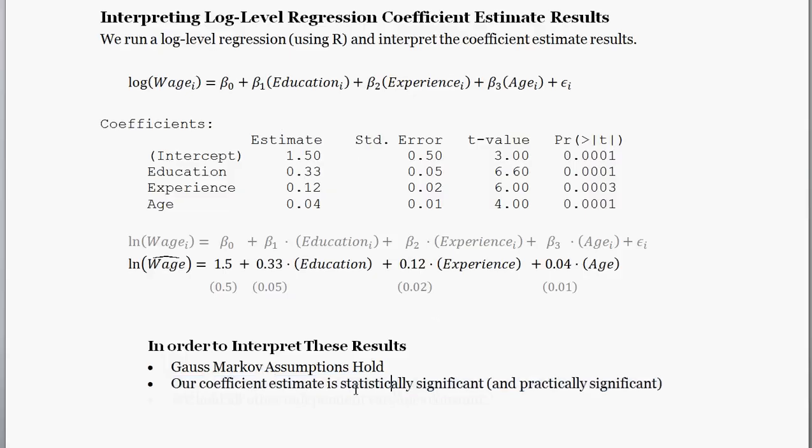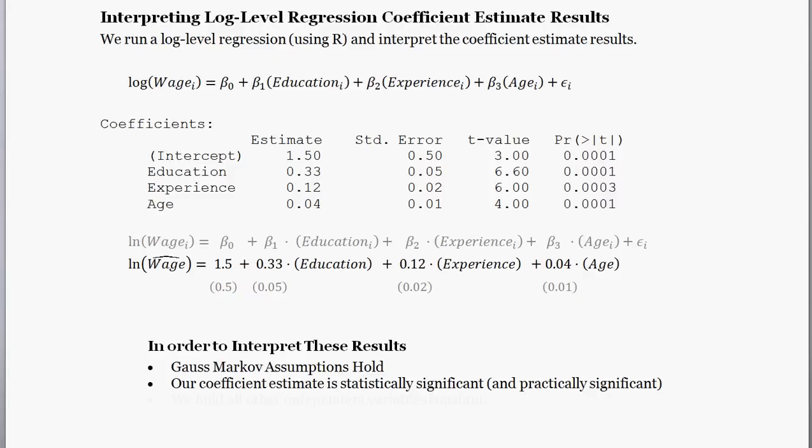Regarding statistical significance, how do we know that? We look at our t-values and p-values. We have super low p-values for each of our coefficient estimates, so we know that they're statistically significant. Practical significance is a bit more qualitative. Is the effect size noticeably big?